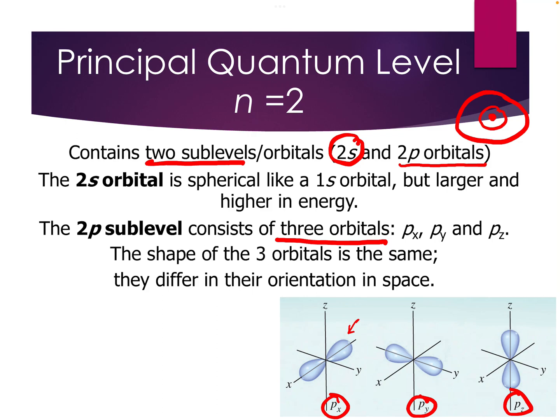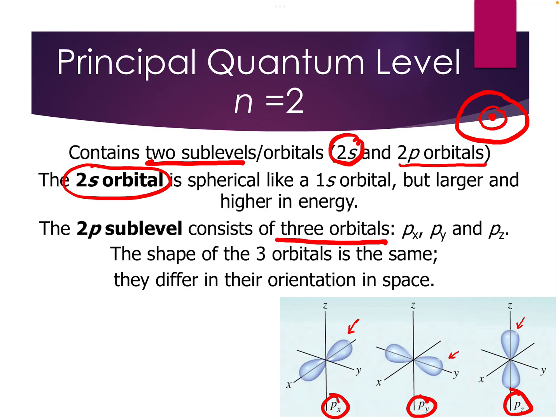This dumbbell is along the x-axis, this dumbbell is on the y-axis, and this dumbbell is z. That's why they say x, y, and z. And again, we're just doing that to talk about the fact that there are 3 of them and we need to denote them differently.